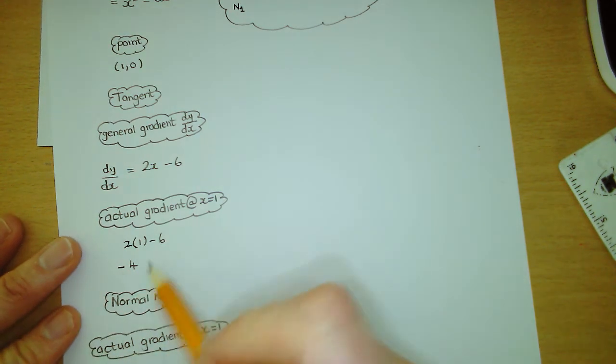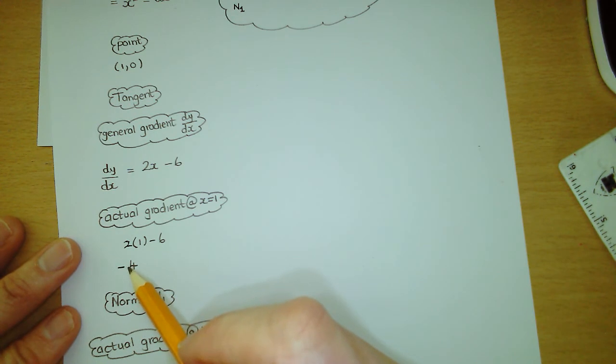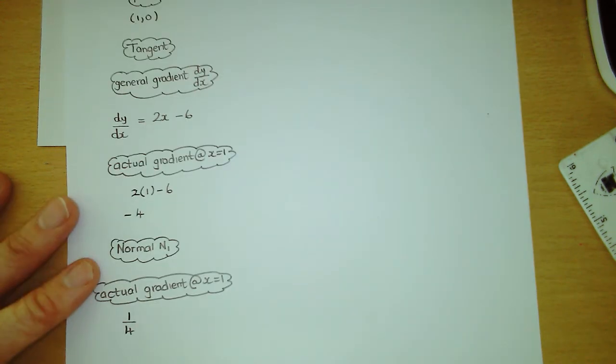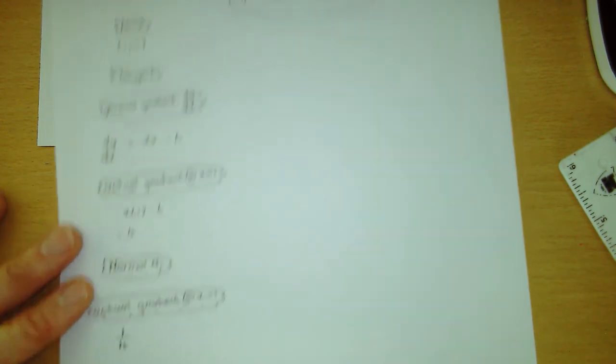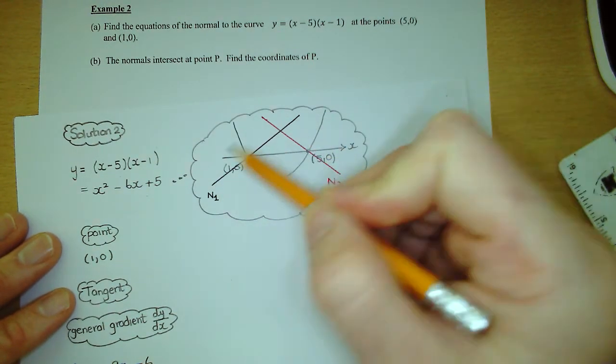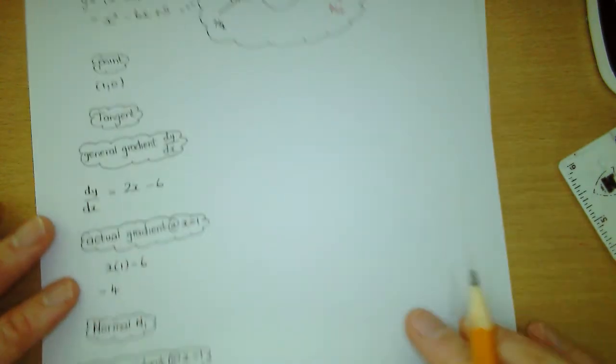So we go back to the actual gradient of the tangent at that point. You flip it upside down and change its sign. So we're going to get positive a quarter. So we've now got the actual gradient of the normal, N1. And again, go back to the diagram. The normal slopes up, so we expect its gradient to be positive, and it is.